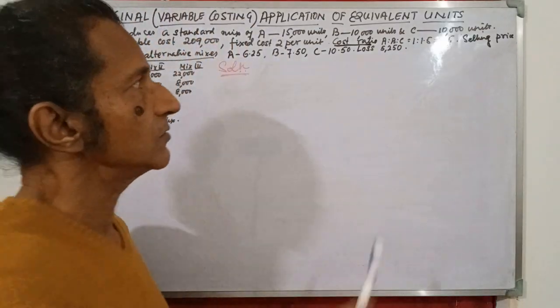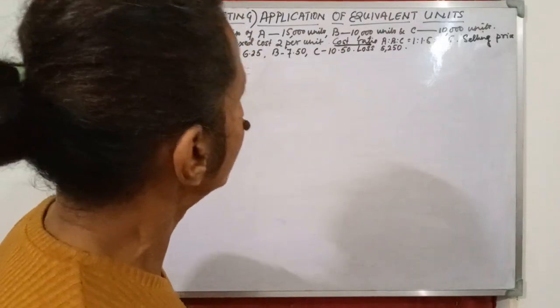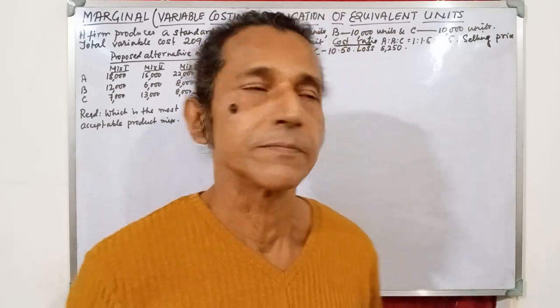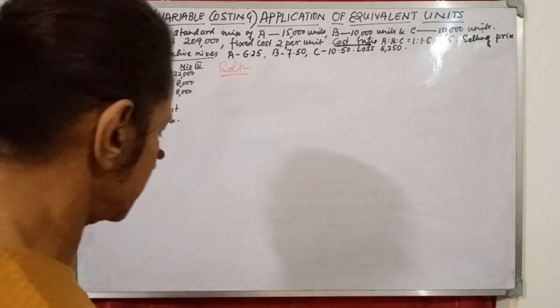Since the ratios are 1:1.5:1.75, it will be convenient if we find out the product mix as equivalent of production of A. So we start solving this problem.